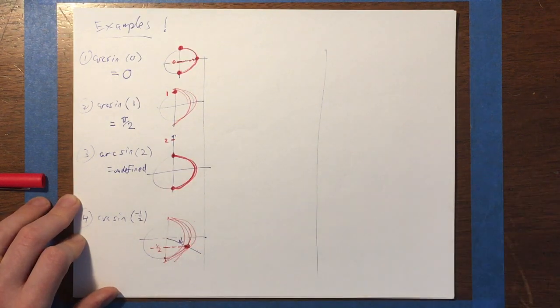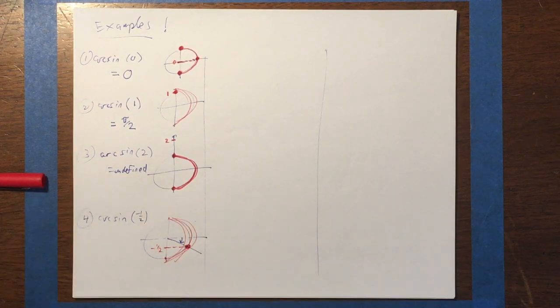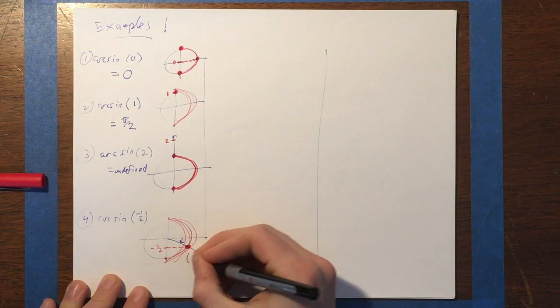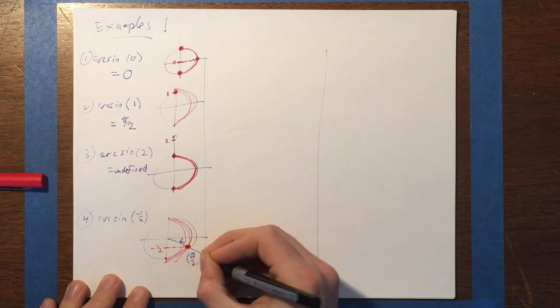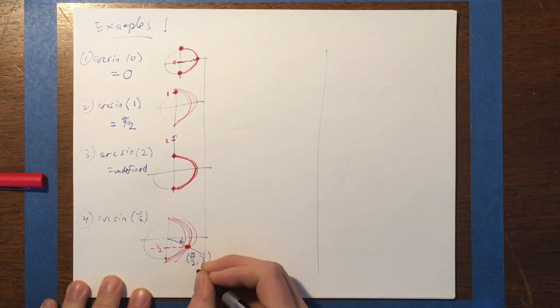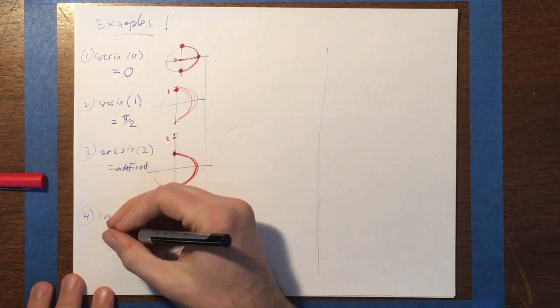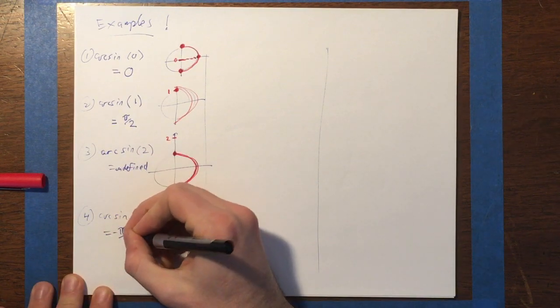If you're familiar enough with the unit circle, you might remember that there's a point down here where the coordinates are square root of 3 over 2, comma, -1/2. And that happens at the angle -pi over 6. So the answer to this is going to be -pi over 6.